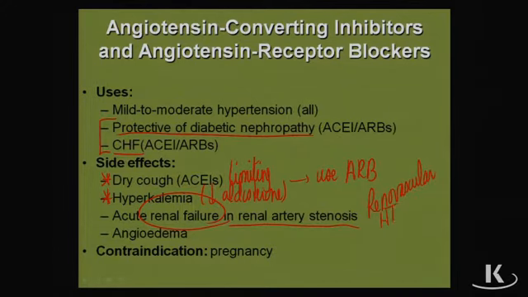Now, it is thought in current medicine that if you have a unilateral renal artery stenosis, well, you may want to still be able to use your ACE inhibitors or ARBs. But if you have bilateral renal artery stenosis, then it would be totally contraindicated. Here's the view from pathology if you want.